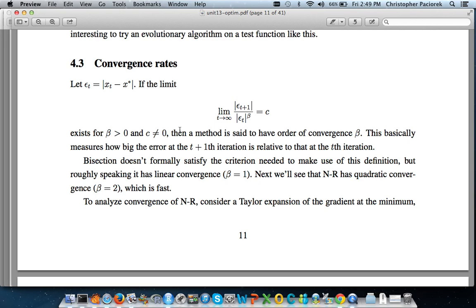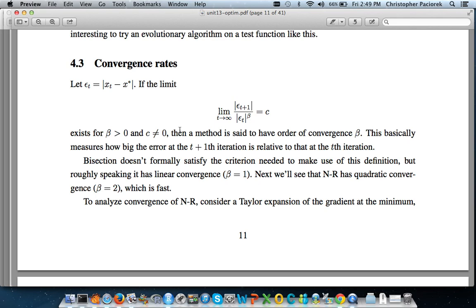That might not be all that intuitive, so let's rewrite it in a way that might help us think about this. I have epsilon t plus 1 is equal to c epsilon t to the beta. And let's for a moment assume that c is less than 1. Now suppose I had beta equals 2.